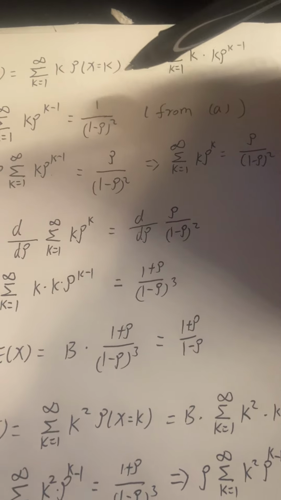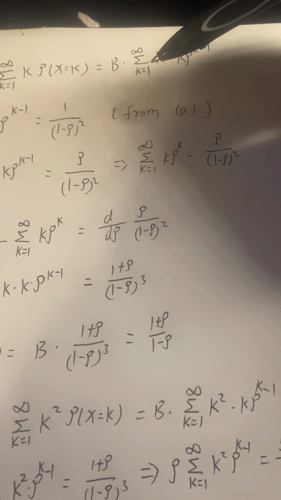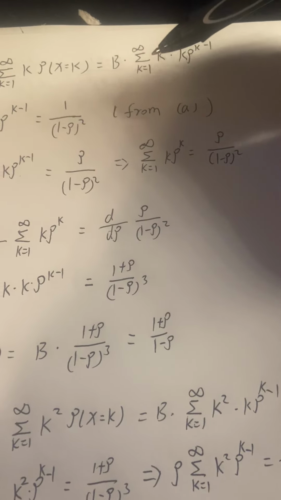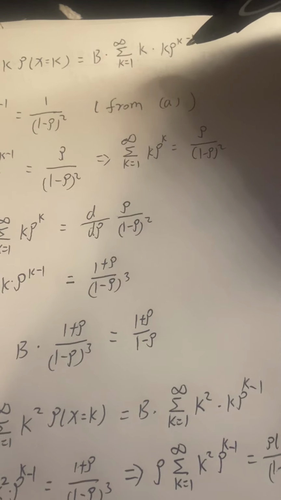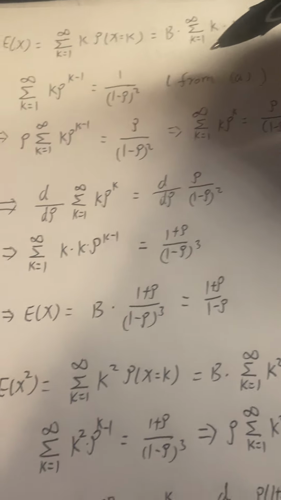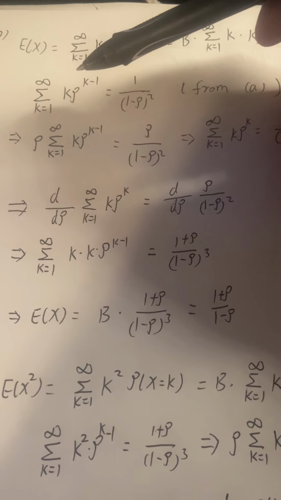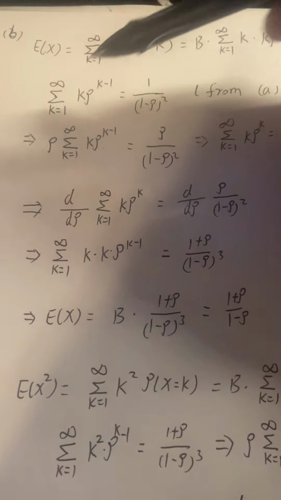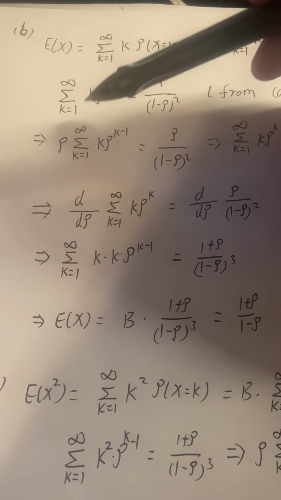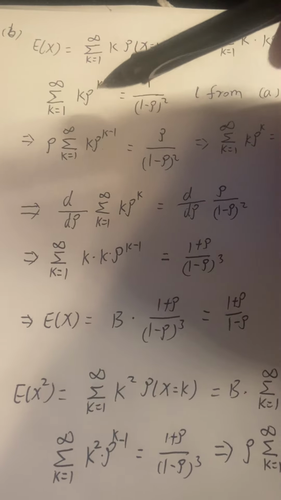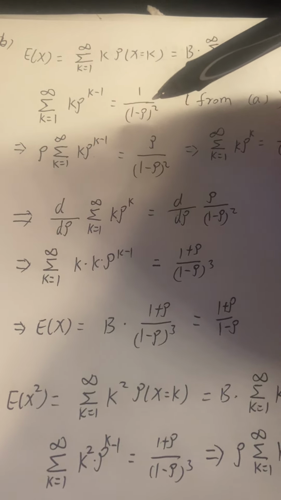So we can rewrite this term as b times the sum from k equals 1 to infinity of k times p to the power of k minus 1. From problem A, we know that the sum from k equals 1 to infinity of k times p to the power of k minus 1 is 1 over 1 minus p squared.